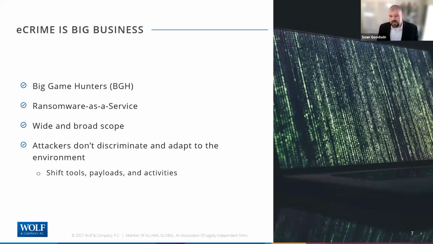And the last thing to note here is the attackers, they don't discriminate. So we've seen they're going after just about everyone. I think it was interesting with the Colonial Pipeline information. They kind of realized afterwards it was a mistake going after someone that important and causing that much of a disruption, because now all of a sudden they're getting a significantly larger amount of attention into who they are, how they're operating, and really combating that attack.